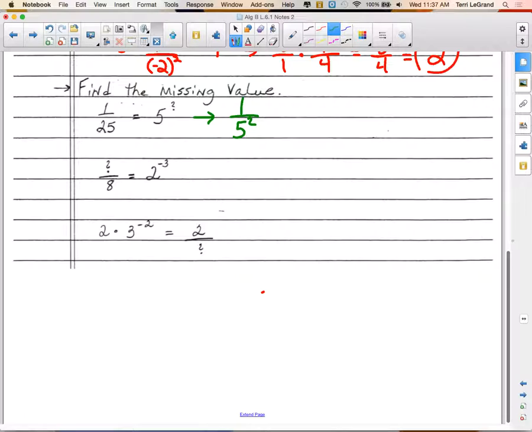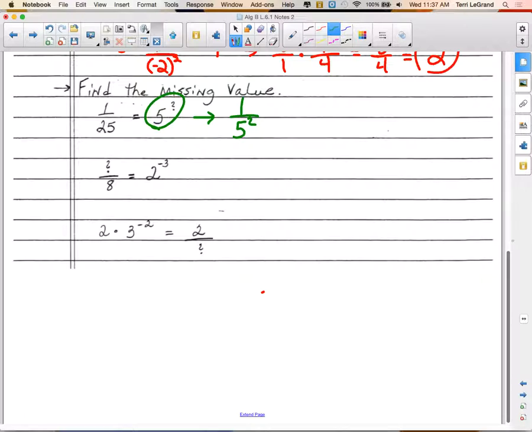Well then, we need it not to be downstairs in the denominator, we need it to be upstairs and as a power. So what did we learn we can do yesterday? Take it back to reciprocal. Okay, it's one thing we could do, but we just want that power to move upstairs.